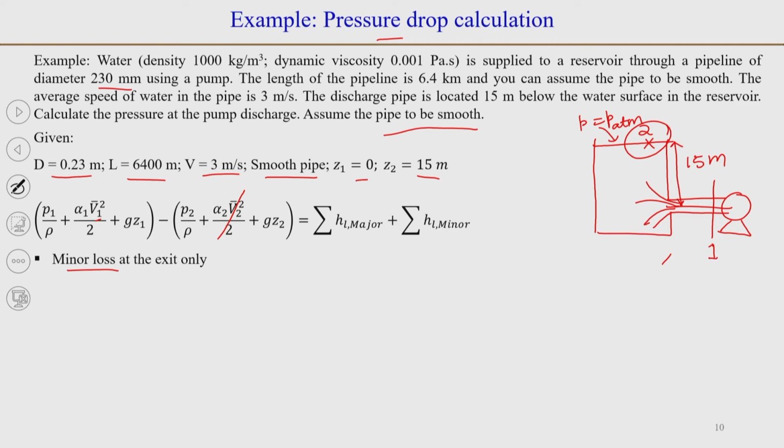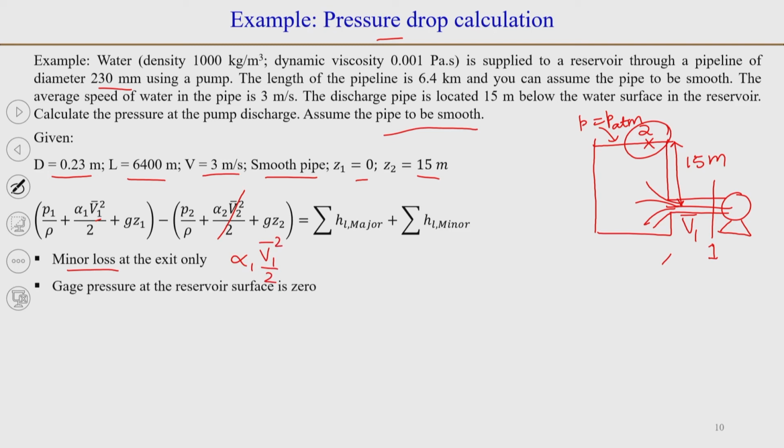So, that exit loss will be equal to alpha V bar squared, and V here is V1 bar, the velocity in the pipe. So, the minor losses will be equal to alpha 1 V1 bar squared by 2.